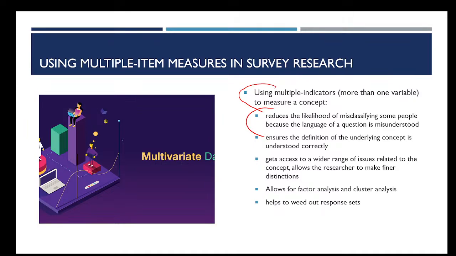So a few indicators will give you a better sense overall, and you can weed out questions that were misinterpreted. Generally it ensures that the definition of the underlying concept is understood correctly by the people taking your survey.